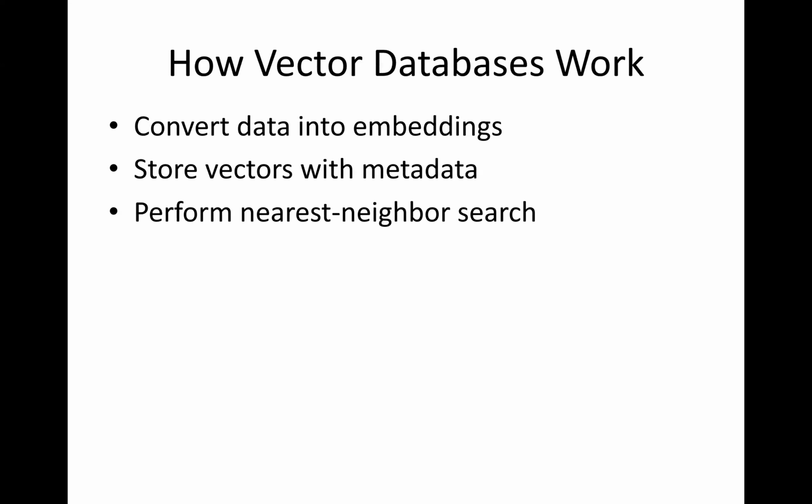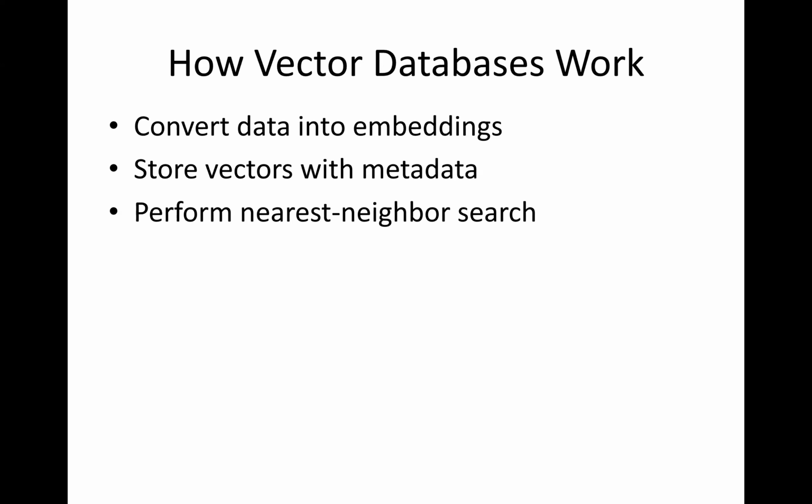Now, how does the vector database work? First we have a text, then the text is converted into numbers, then it forms a vector, and then it forms the complete embedding process, and then this goes into the vector database for storing.